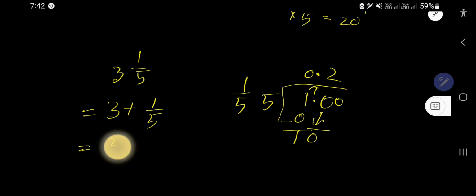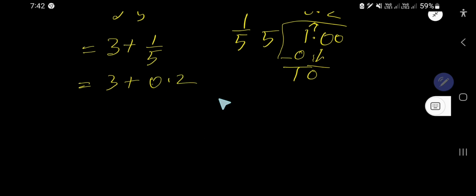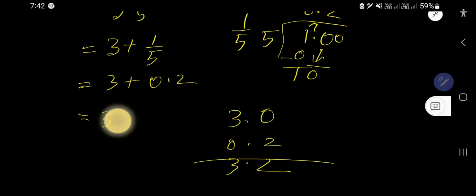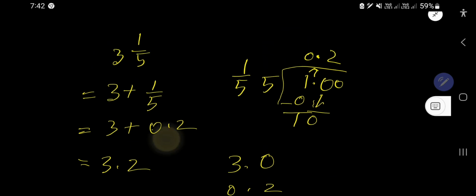So 1 over 5 means 0.2. Now add. 3 is a whole number, so you can write it as a decimal, 3.0. Now here 0.2. You need to line up the decimal. 2, 3, then decimal. That is 3.2, which is the decimal number.